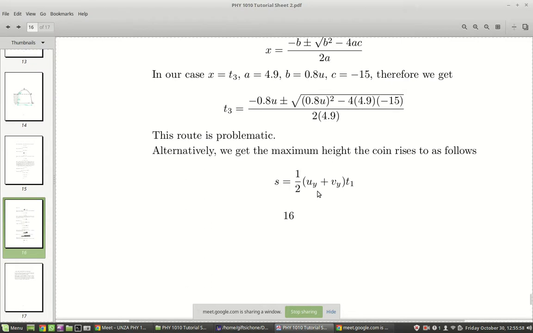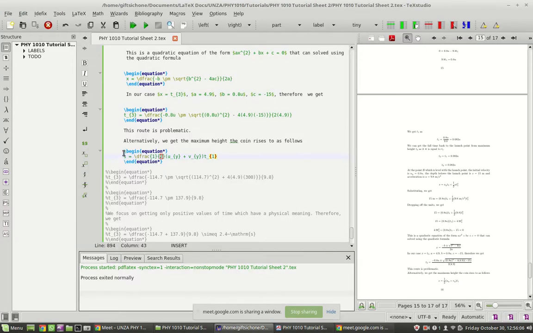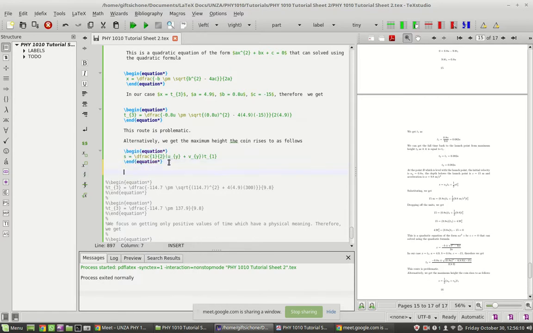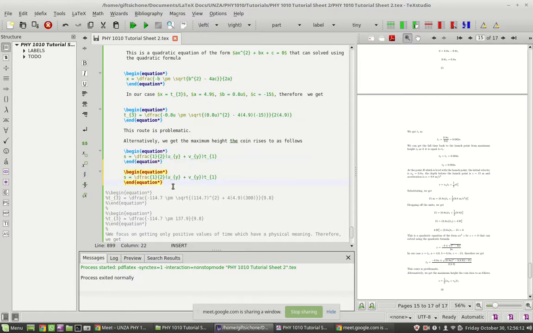We do this. We're looking for S, but these are things we have some information about. uy is 0.8u. Then vy, the velocity at maximum, is 0.